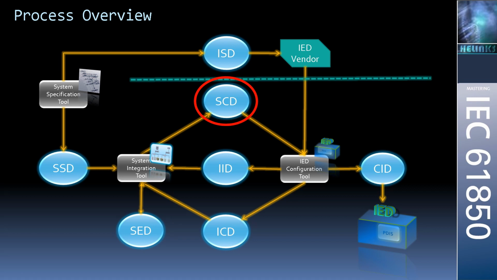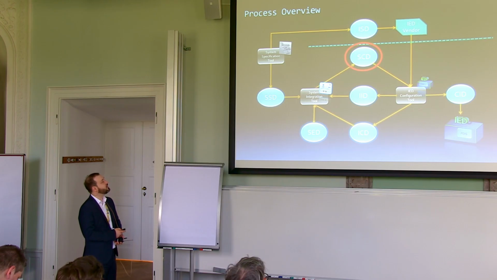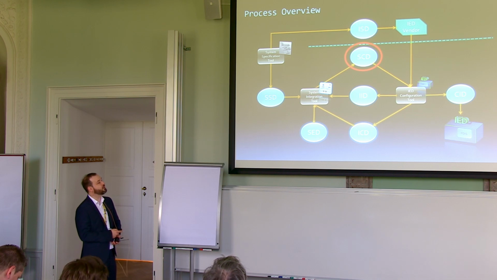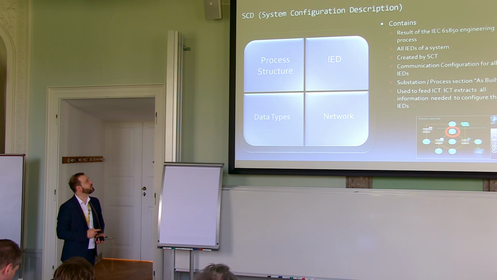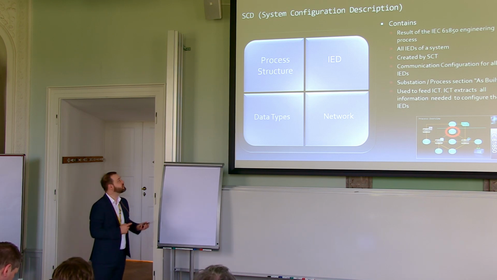So after a system integrator has received the specification and loaded all the ICDs, a lot of work is to be done, which hopefully culminates in an SCD file, which is the complete system substation configuration description. This is the ultimate result of the engineering process, contains all the IEDs.